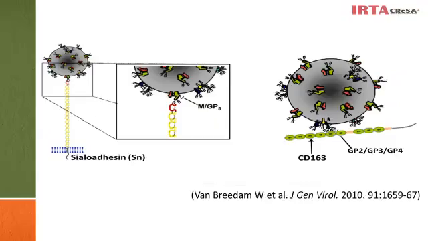Now let's take a deeper look at the 2 main receptors. Sialodacryoadhesin interacts with the matrix protein and glycoprotein 5 to mediate the viral attachment and, to some extent, the internalization of the virus. CD163 interacts with the trimers GP2a, GP3, and GP4, leading to virus internalization and genome release.